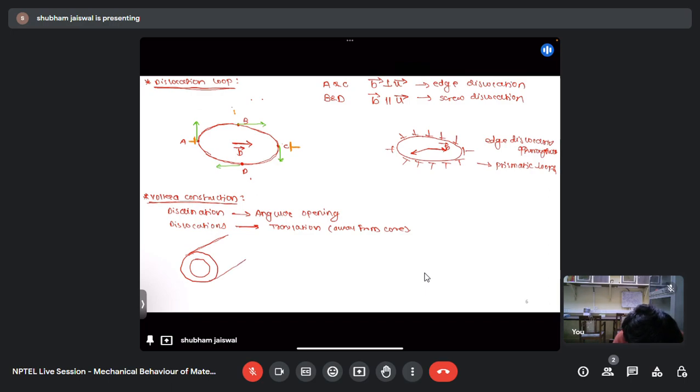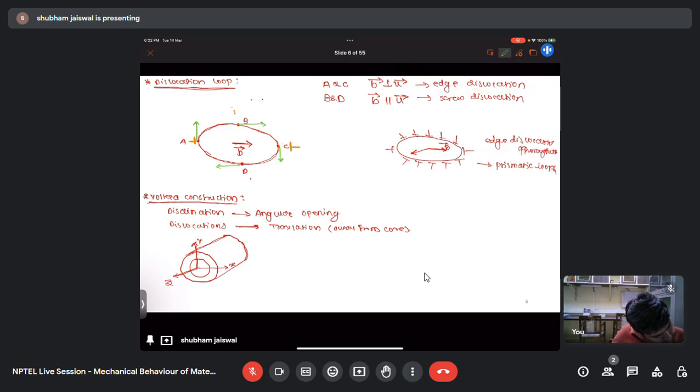So let's say this is the hollow cylinder. X, let's say this is the y direction, and this is z.